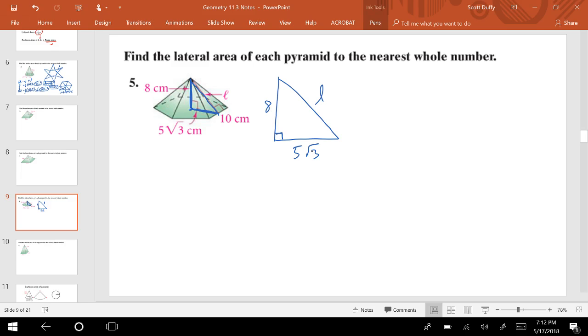So let's set up the Pythagorean theorem. 8 squared plus 5 square root of 3 squared equals that slant height squared. 8 squared is 64. When you have 2 factors being multiplied inside of parentheses and you're squaring the whole thing, you square both the 5 and the square root of 3. 5 squared is 25, being multiplied by the square root of 3 squared, which is 3.